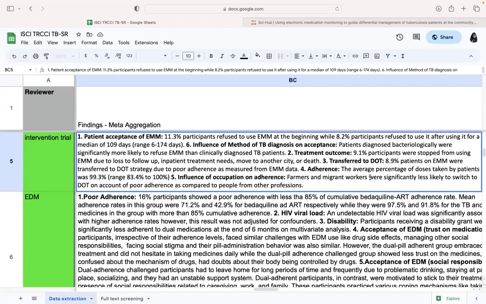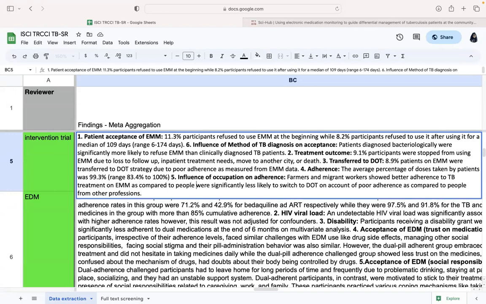So farmers and migrant workers showed better adherence to EMM or to TB treatment on EMM as compared to people from other occupations, and they were significantly less likely to switch to DOT for poor adherence.